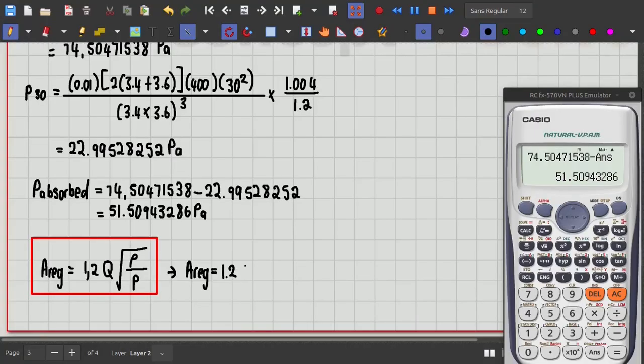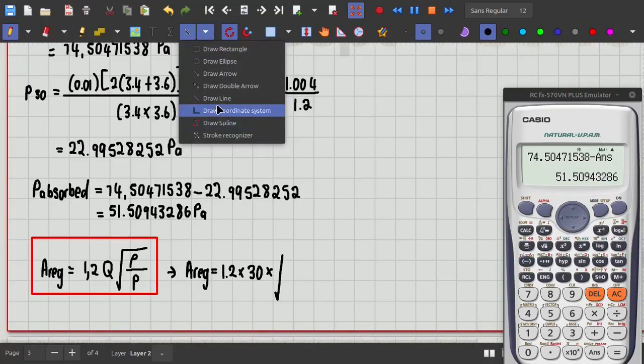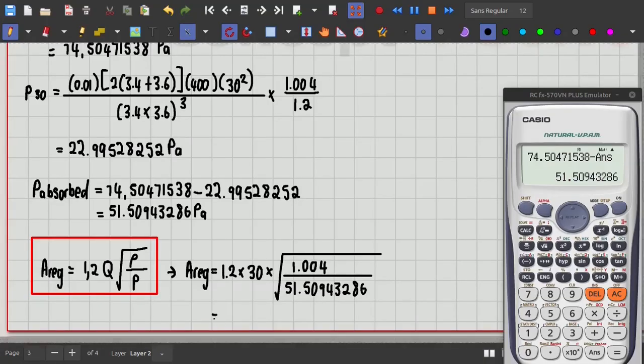1.2 times 30 times the root of 1.004 over 51.50943286. By the way, the 30 there is the required quantity. If you remember from the definition, you've got two quantities, and you need to know which one to substitute. The one that is required, so you are reducing to 30, that's the quantity you need to substitute.